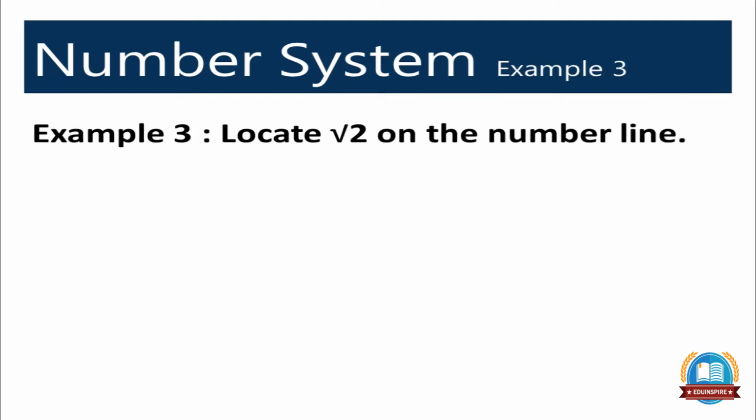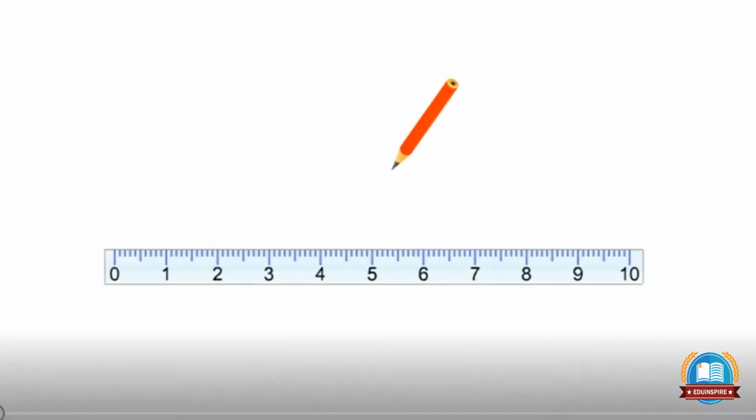Let's go through the examples given in the NCERT notebooks. Example 3. Locate root 2 on the number line. Let's go through it step by step. Let's draw a line and mark a point O and A as one unit.